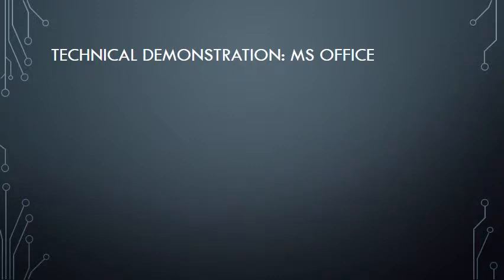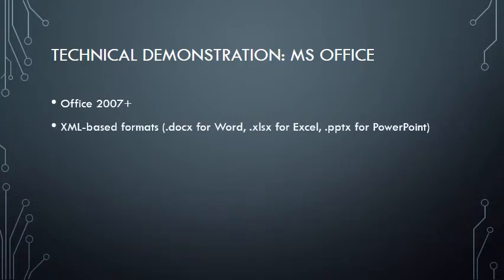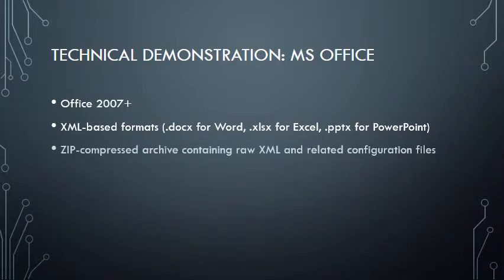Starting, I believe, in the 2007 version, Microsoft Office has used an XML-based format for many of its popular applications, including .docx for Word, .xlsx for Excel, and .pptx for PowerPoint. These files are essentially zip-compressed containers, or archives, containing raw XML and related configuration files.